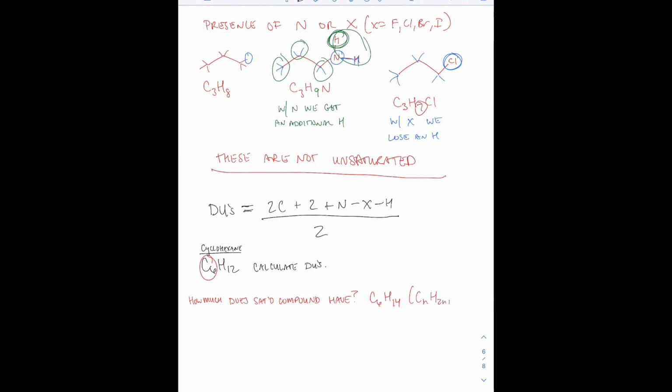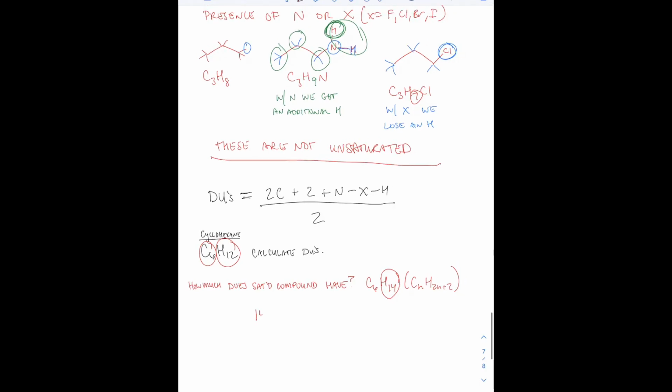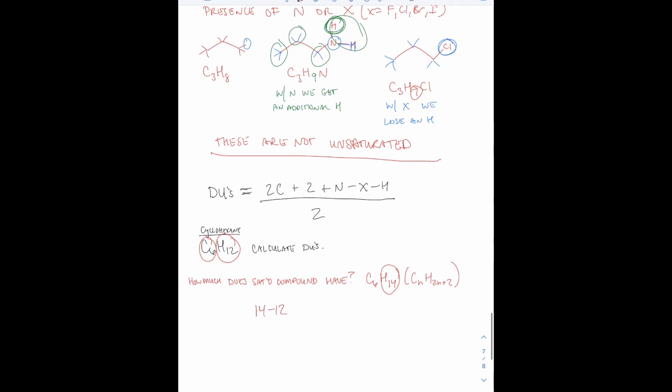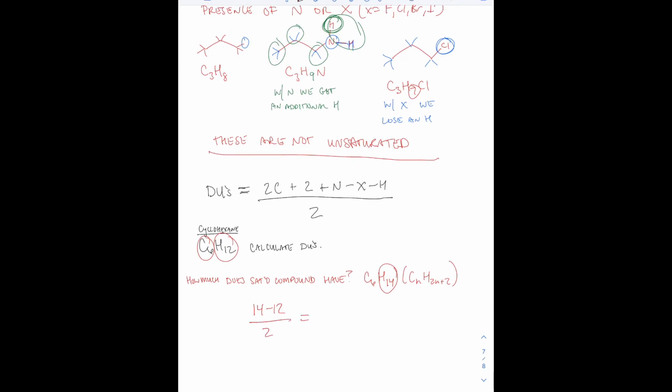Remember, this is CnH2n plus 2. That's a fully saturated hydrocarbon. Now that we see that we have a difference between the 14 and 12, we just have to subtract. So 14 minus 12 divided by 2 is equal to 1.